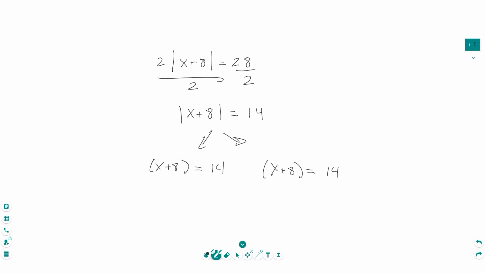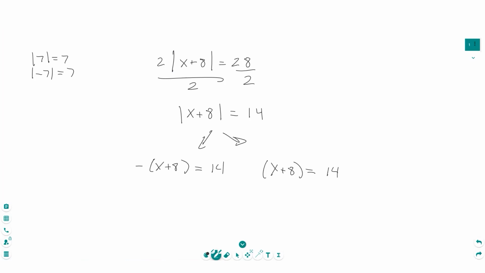For example, the absolute value of 7 is 7, and the absolute value of -7 is also 7. So we're looking backwards and asking what could have been inside, since the absolute value strips out negative numbers. That x plus 8 could be negative, or it could be positive. We really have 2 entirely separate equations.